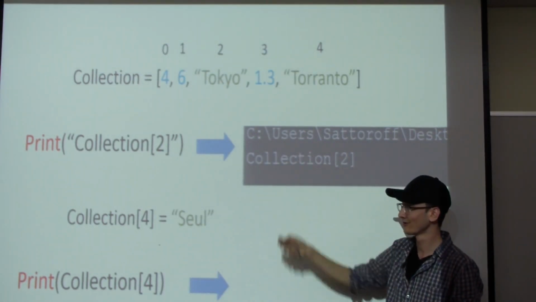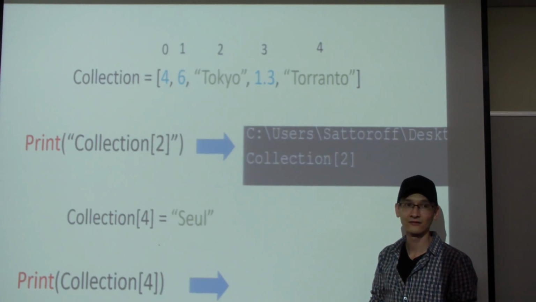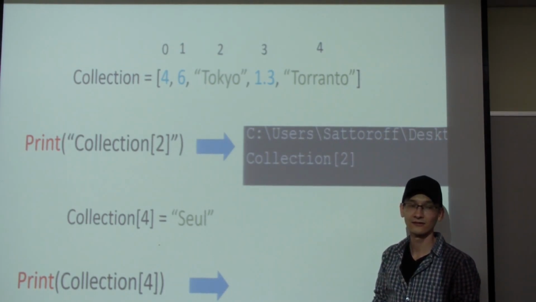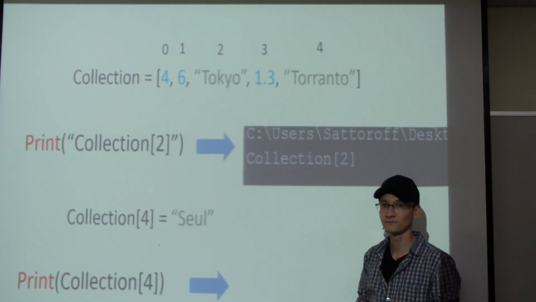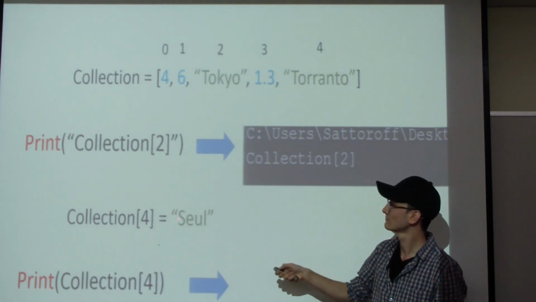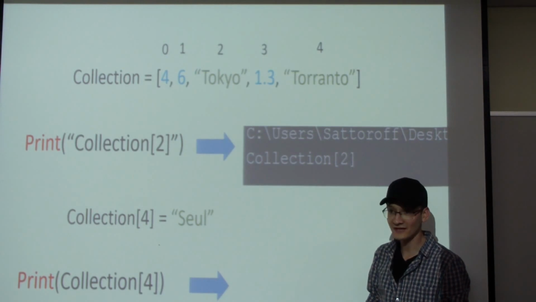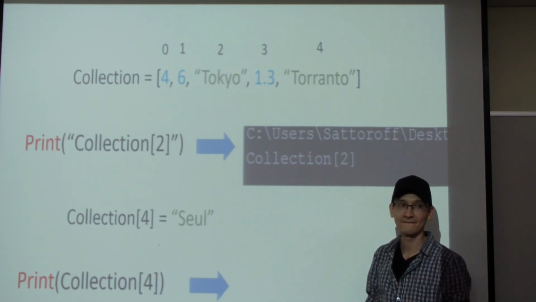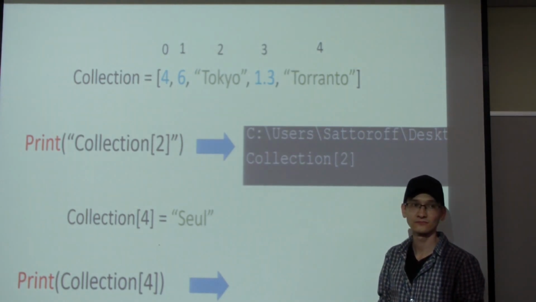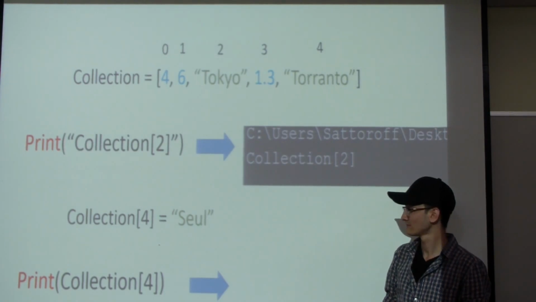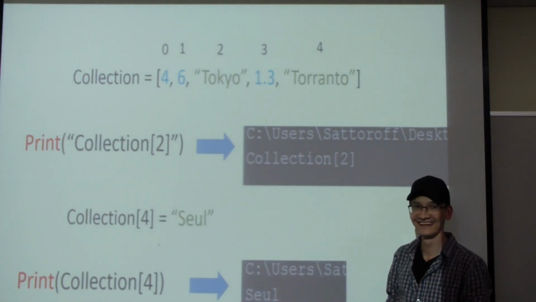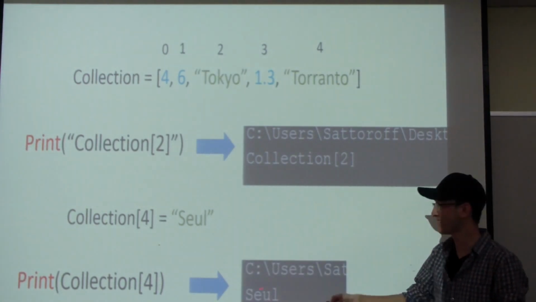Toronto. In order to show Toronto, we have to write it again. Because in the previous list, Seoul equals collection 4. So we will have Seoul.